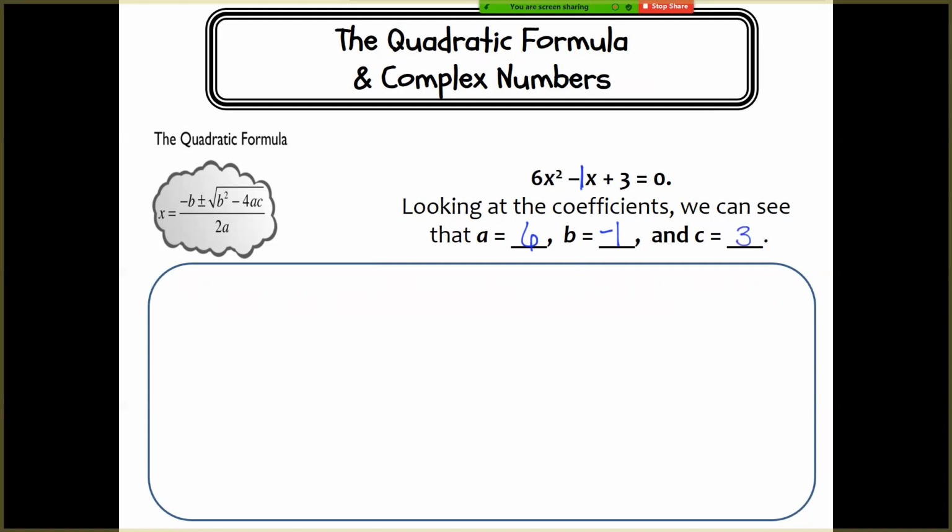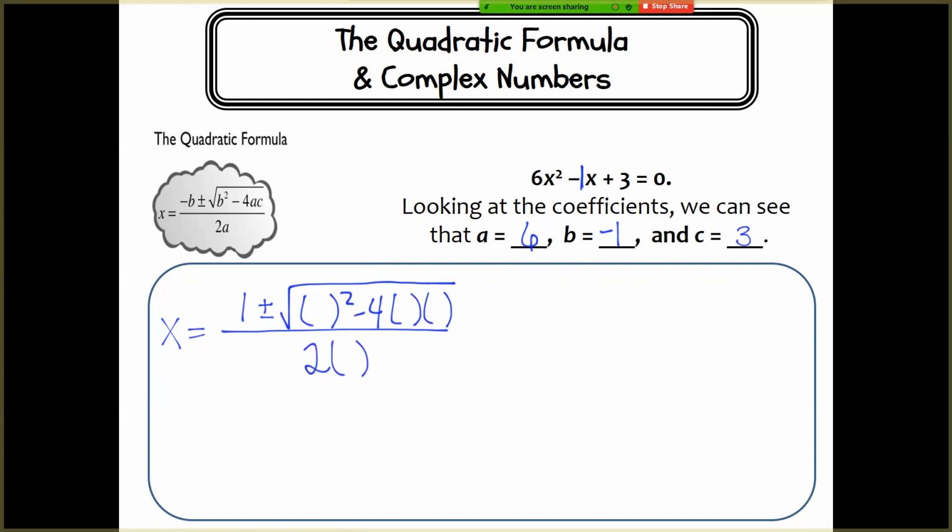Just like yesterday, we're going to go ahead, fill out our quadratic formula using those 3 numbers. So negative B plus or minus, underneath my square root, I need B squared.